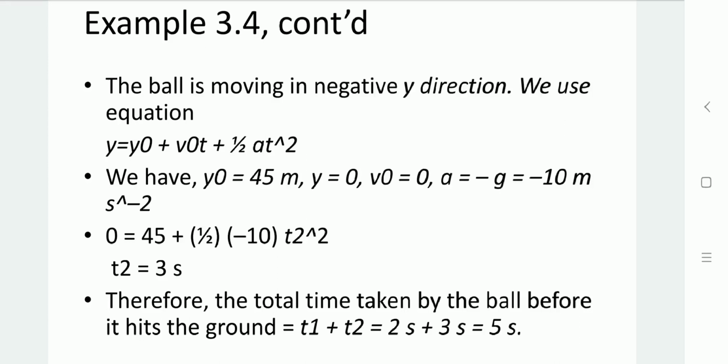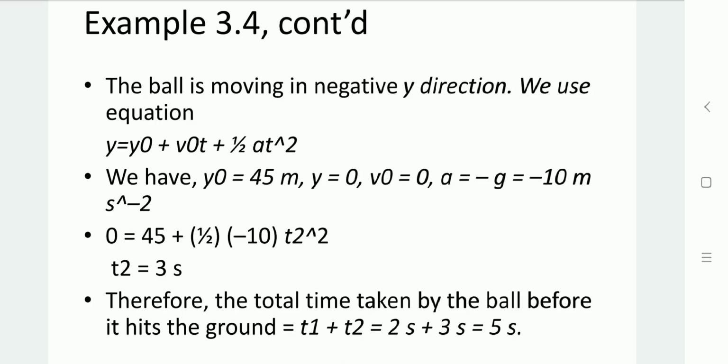Here y0 is 45 meters, as the height of this building is 25 plus the 20 meter distance covered, which we calculated earlier, that is y minus y0 equal to 20, and the ball is 25 meters from the ground.